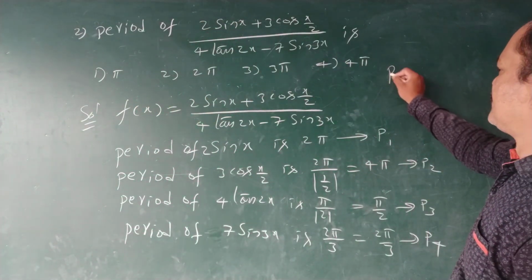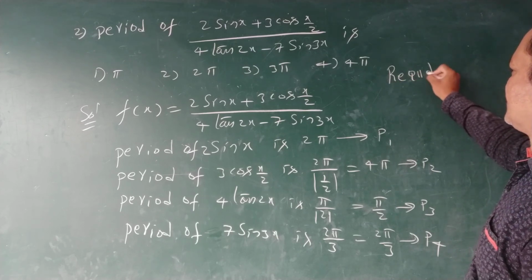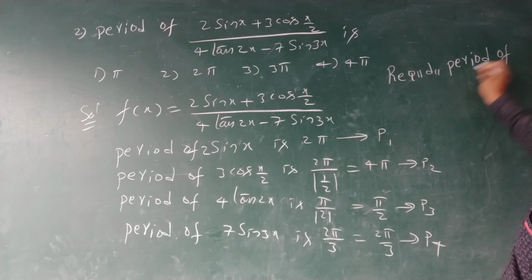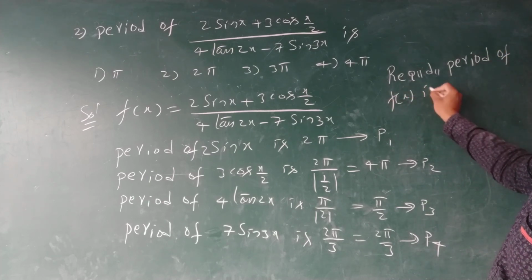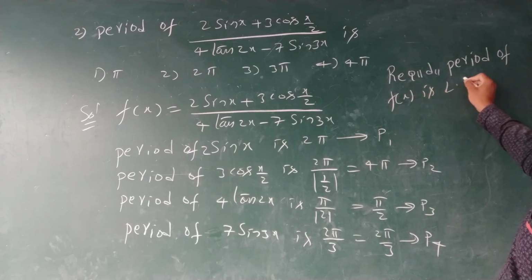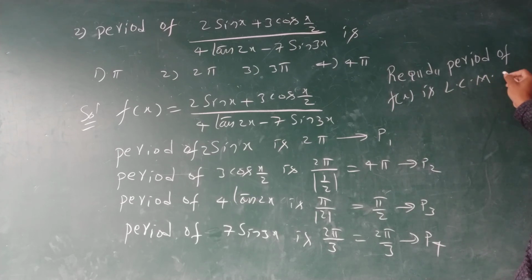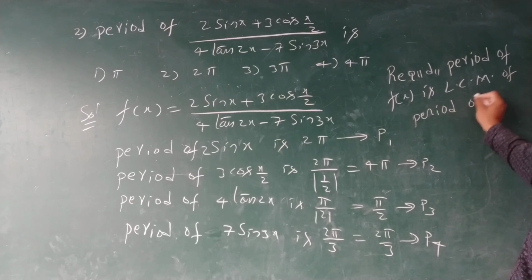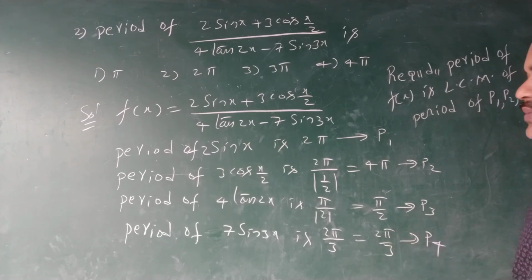Now the required period of f of x is the LCM of P1, P2, P3, P4.